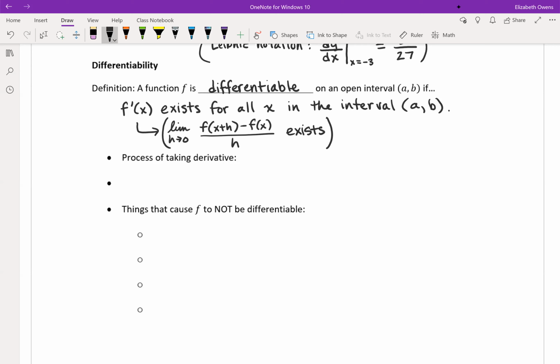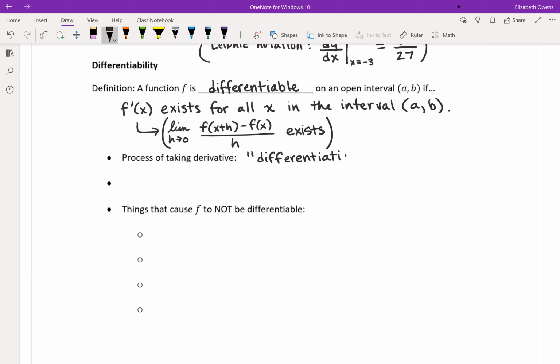Okay, so a couple of details on this. This new word, differentiability, just refers to the process of taking the derivative. The process of taking the derivative is also referred to as differentiation.